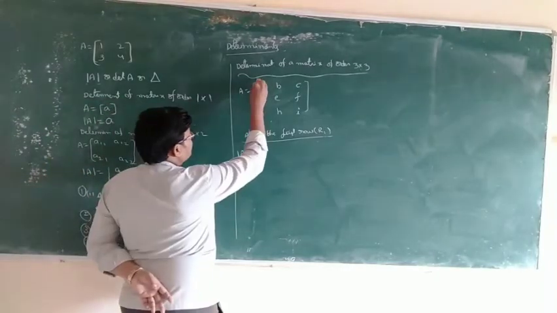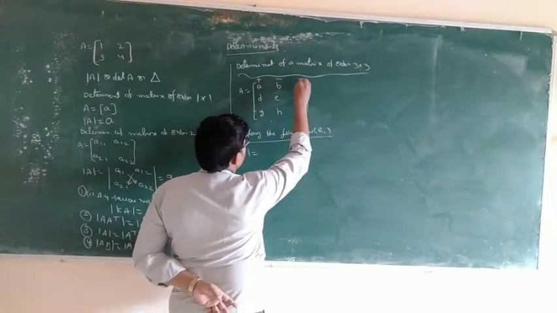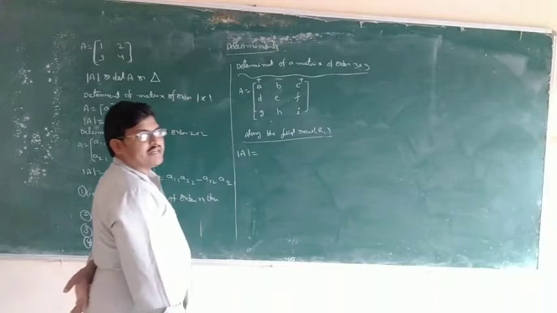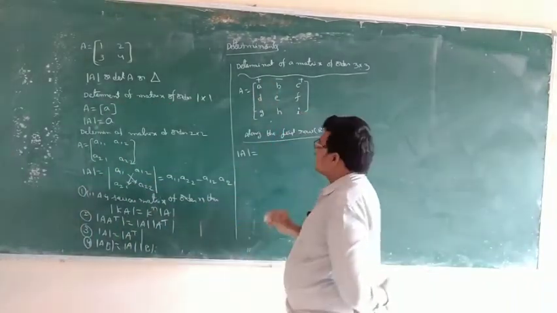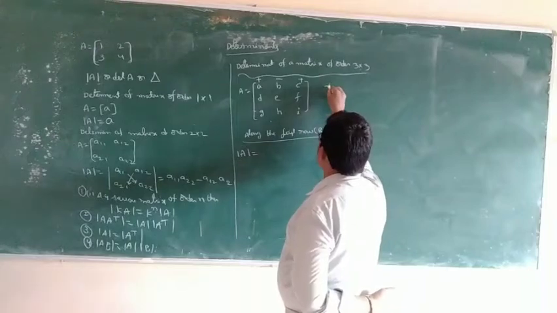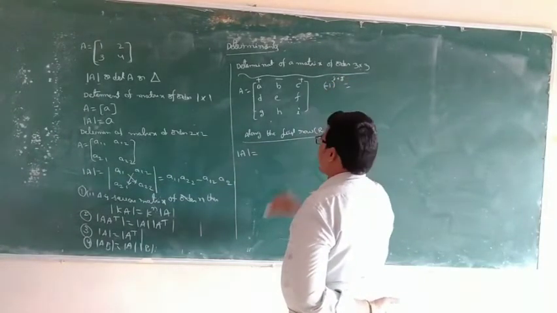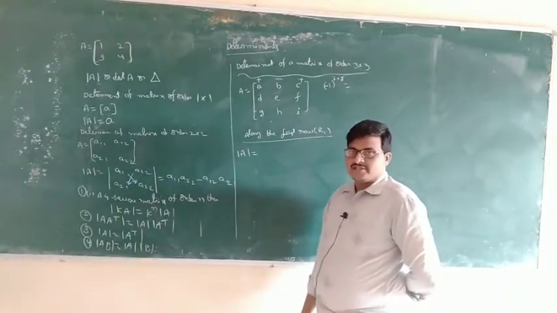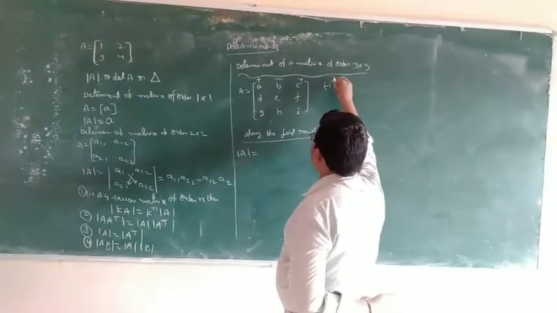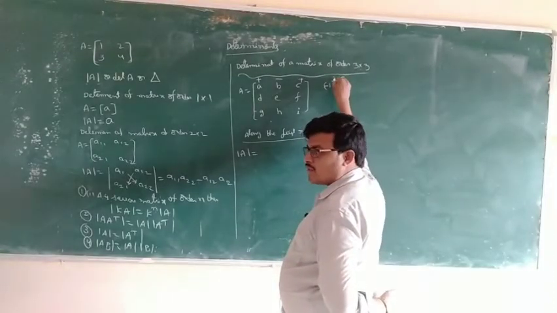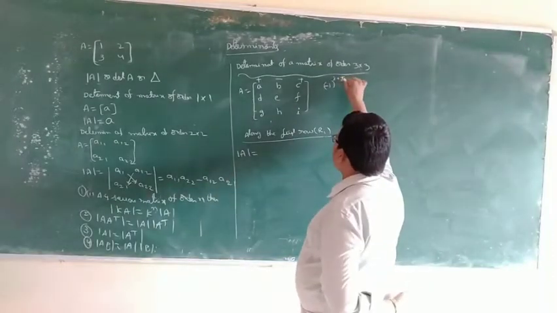First take plus, then alternate: plus, minus, plus. How do the plus and minus come? This is (-1) to the power i plus j, where i is the row and j is the column.